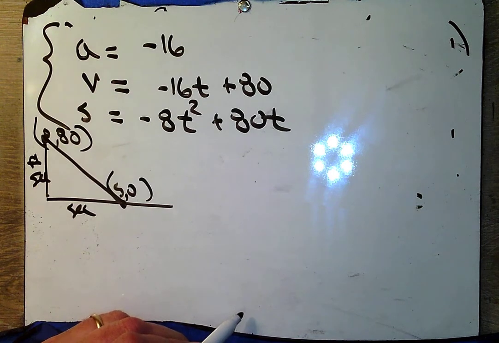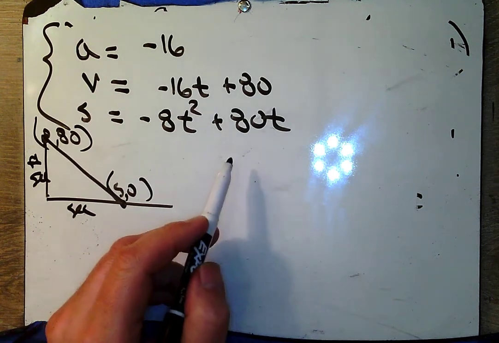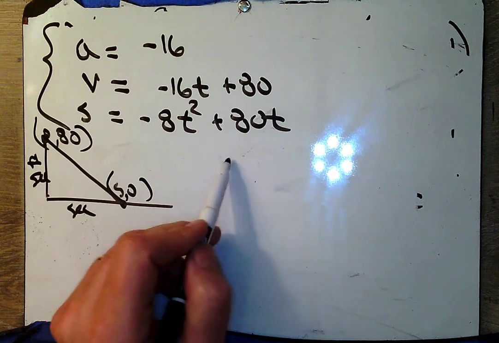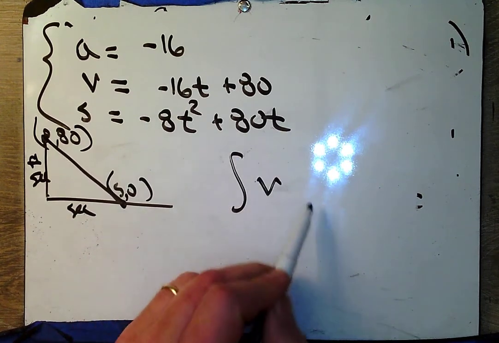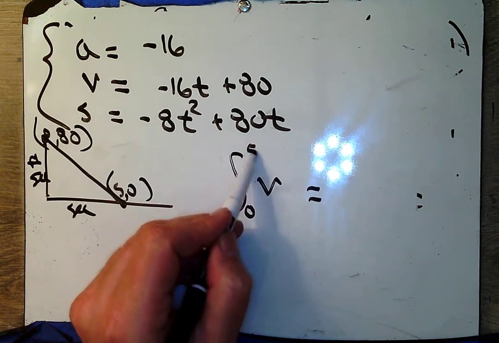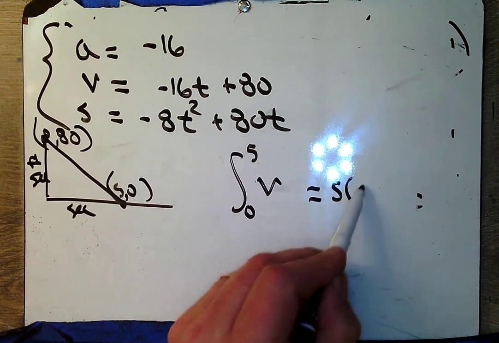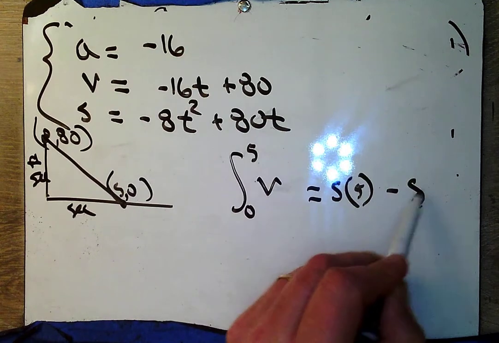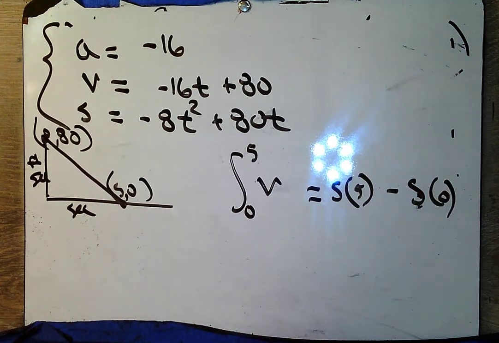Well, do you remember what we did? It wasn't that long ago. If I integrate velocity from 0 to 5, that's going to give me s of 5 minus s of 0.